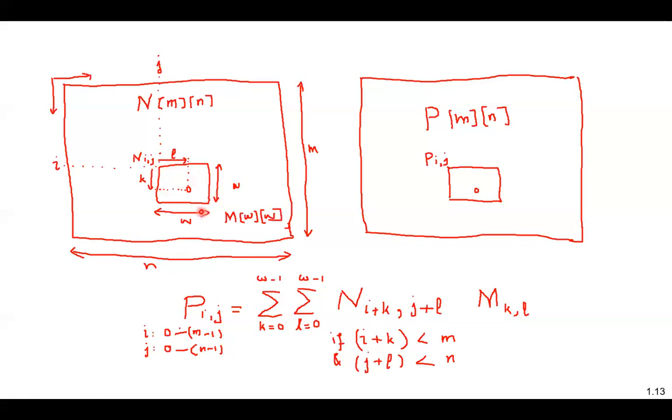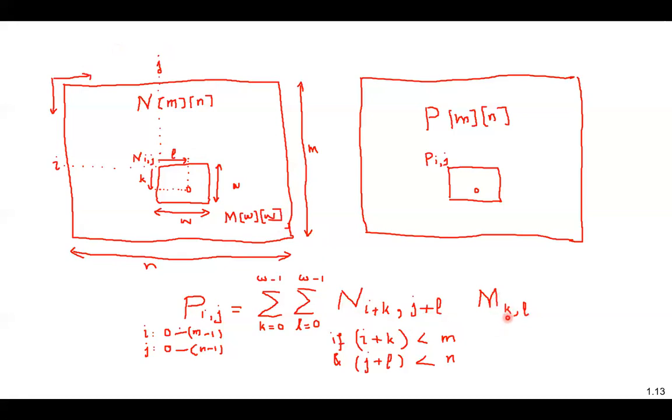Now the mathematical expression which I have to implement in my code: you want to multiply the N element indexed i plus k and j plus l. So in the N image I choose the element i plus k, j plus l, and I will multiply it with the mask value k, l.